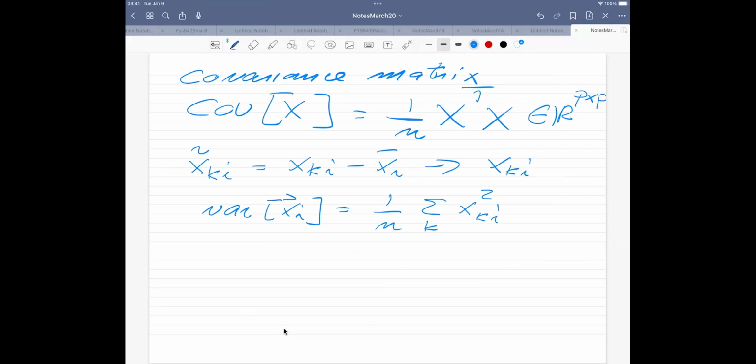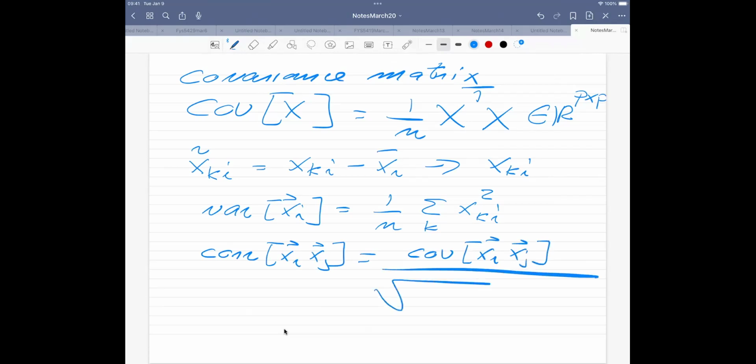So the correlation matrix has matrix elements, xi, xj, which are defined as the covariance of xi and xj divided by the square root of the variance of xi and the variance of xj.